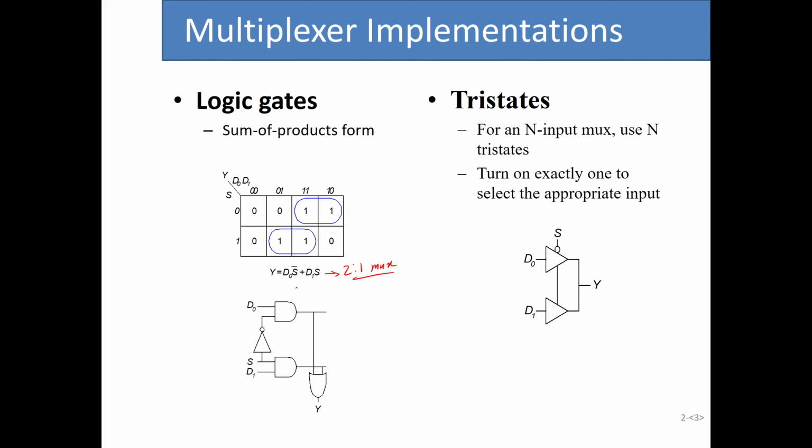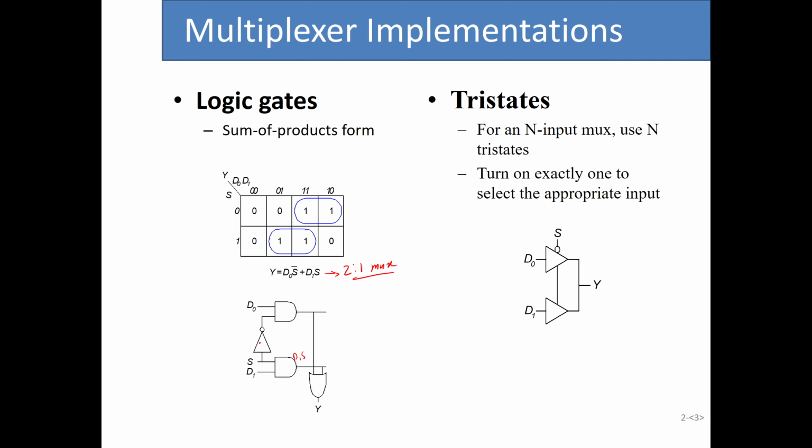So now that we have this equation, implementing it using logic gates is very straightforward. We have D0 and S bar to be ANDed together, D1 and S to be also ANDed together, and the result of these two ANDs is going to be ORed. So we have D1 ANDed with S itself. This creates the D1S.